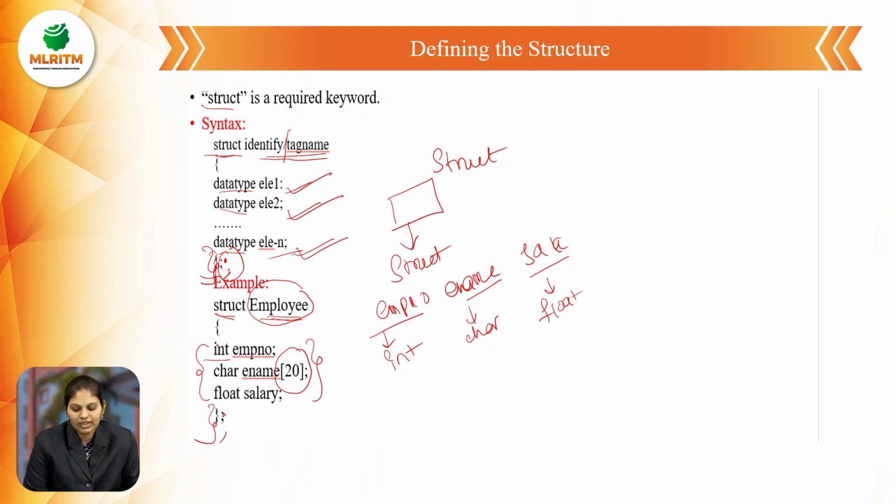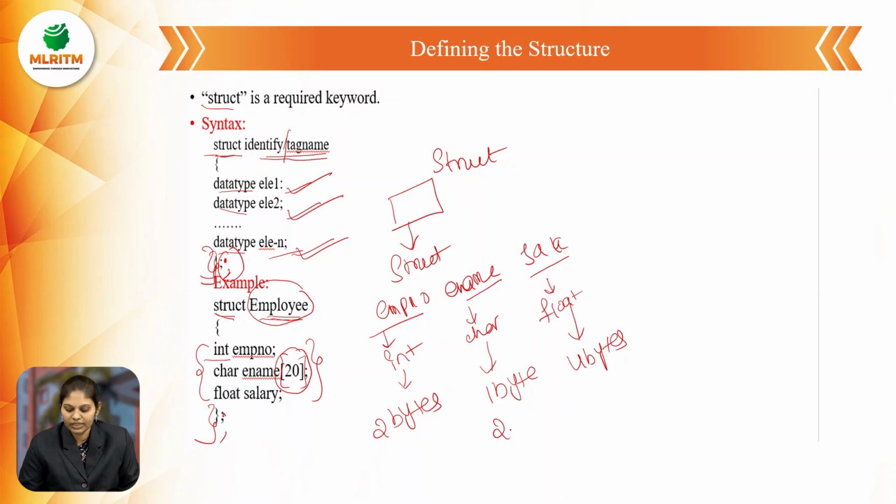Integer takes 2 bytes of data, character takes 1 byte, and float takes 4 bytes. For the character I am mentioning the name size as 20, so 20 bytes. So 20 plus 2 plus 4, how much data will be created? One structure is 26 bytes of data.